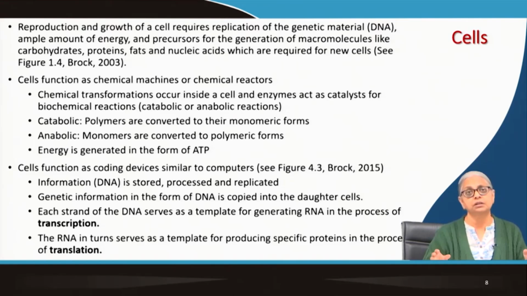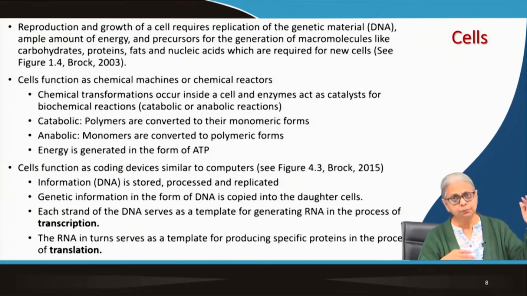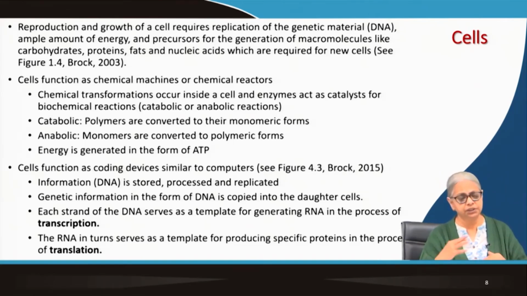Most of these biochemical reactions are impossible without enzymes as catalysts. Whether they are catabolic or anabolic, catabolic means breaking down and anabolic means building up. So you have polymers being broken down to monomers, which is catabolic, and then monomers being used to build new polymers, and that's anabolic.